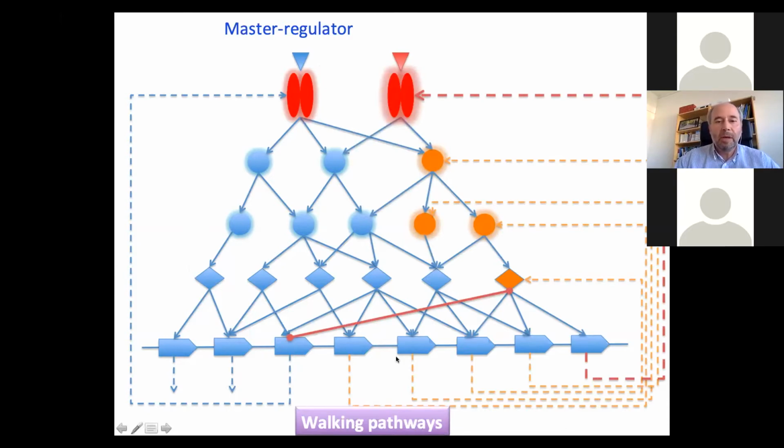We call it working pathways, when the master regulator, which must regulate these genes in the standard conditions, is changed in the disease conditions by a new master regulator because of multiple feedback loops. And I will touch on that a little bit in my presentation today.